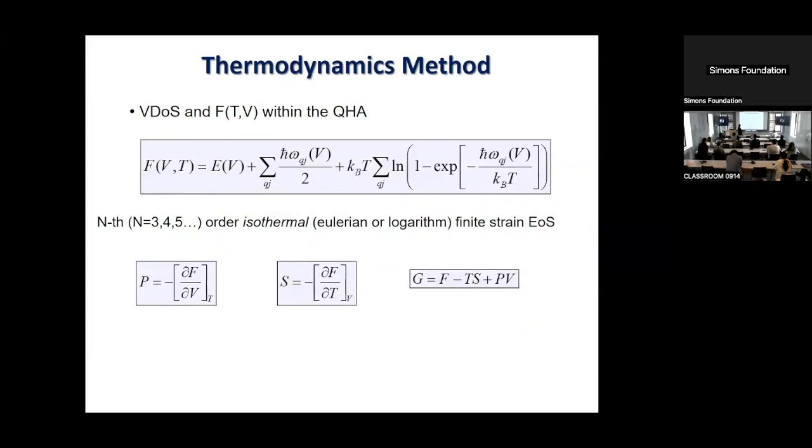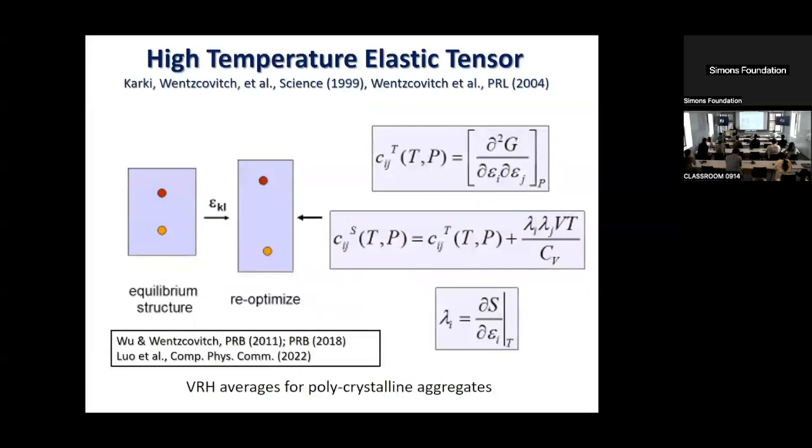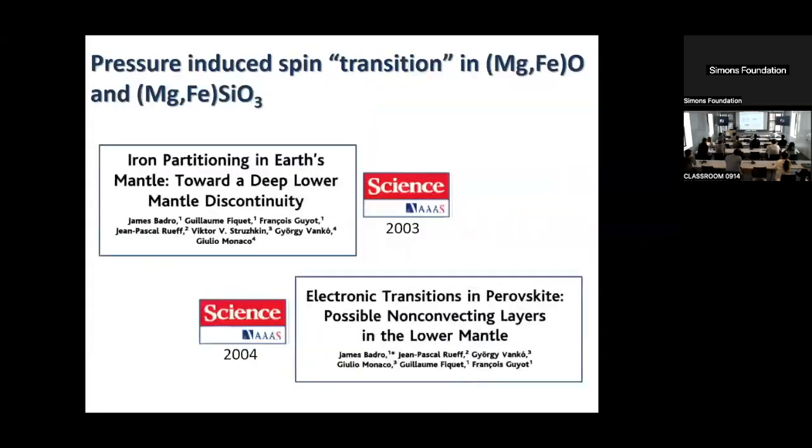We use some tricks to get the derivative of omega with respect to epsilon from the compression curve, from the compressed structure, because the compression is not isotropic. Tricks, okay, but they work very well. The method has been published, the code has been published, and there are tests.